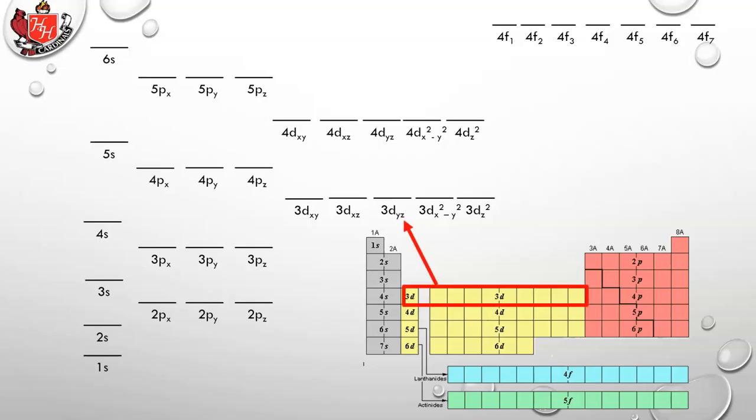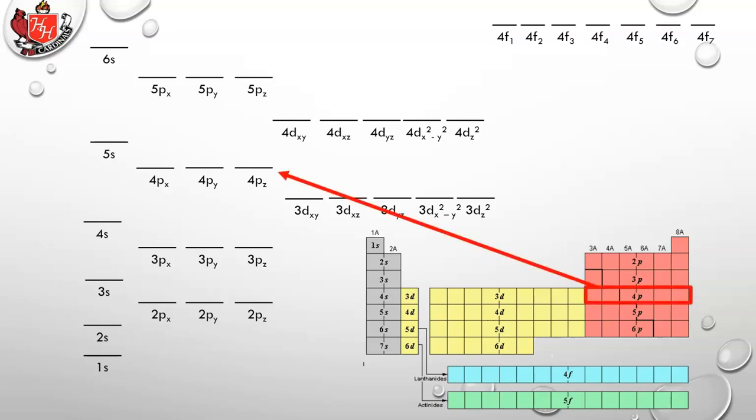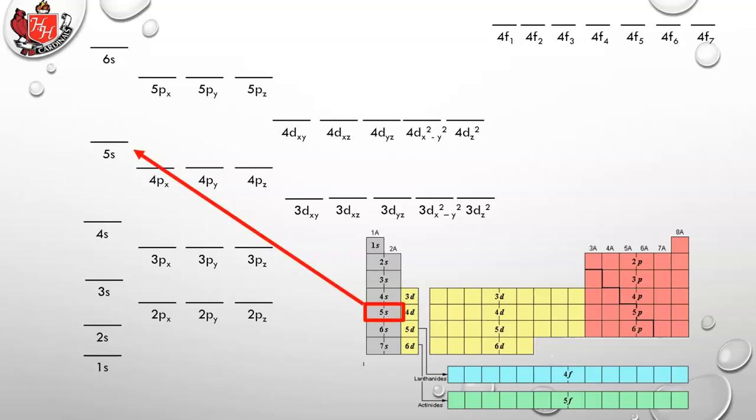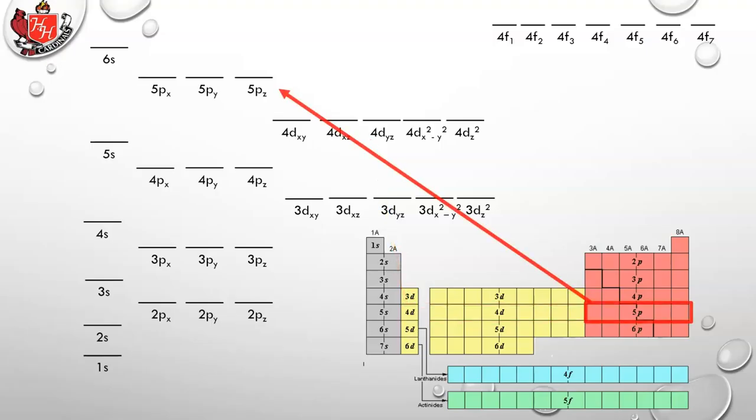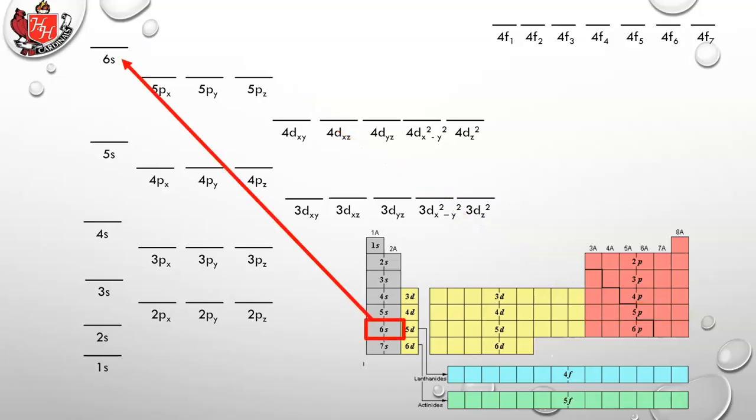And then the transition metals come in, and those are the 3d subshells, and there's 10 electrons that can fit in those subshells, 2 in each of those sections. Next we go across and we have the 4p, there's 3 sections there, and then the 5s, and then we have the 4d right there, and then the 5p, and then the 6s down there.